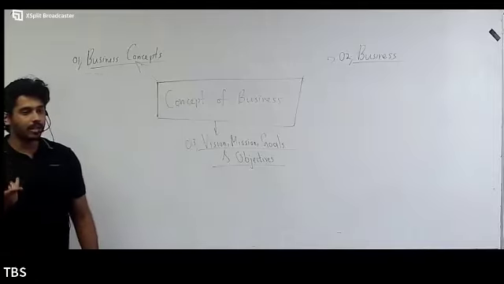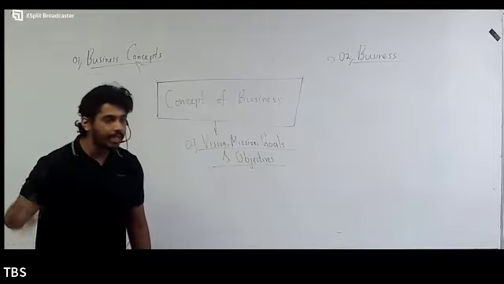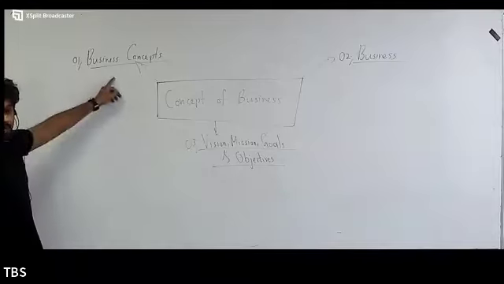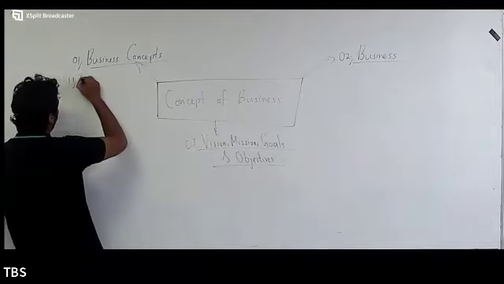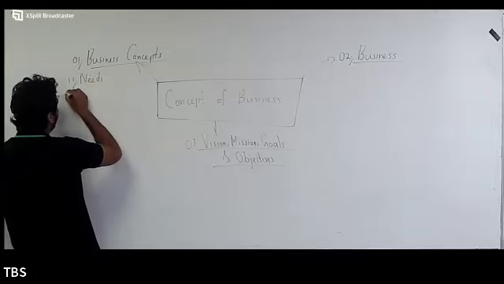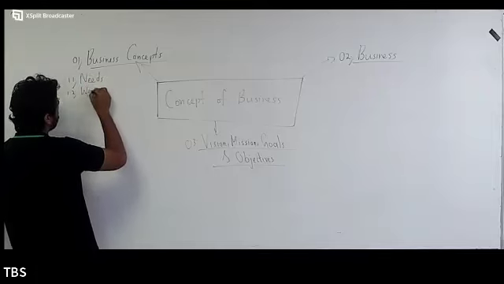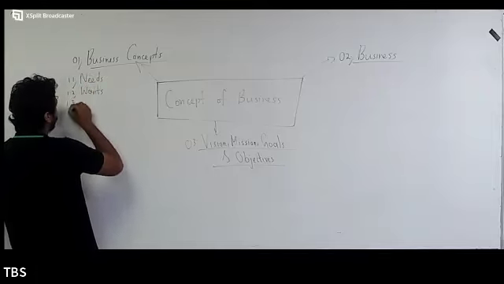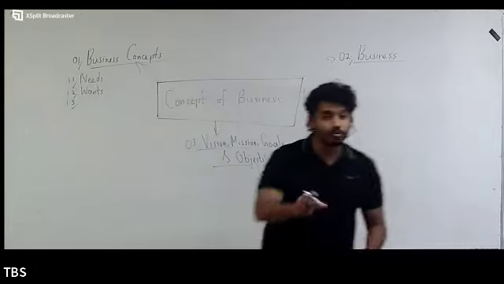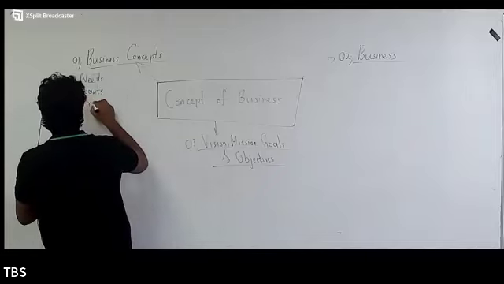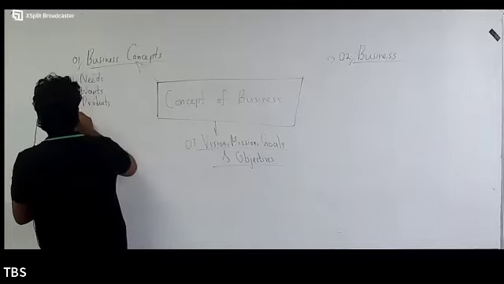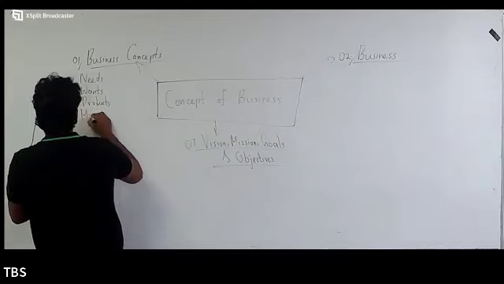And in the last class, we looked into the first key area, which was connected to business concepts. That is where we covered 1.1 needs, 1.2 wants. Needs and wants are satisfied via products. Products are available to purchase in the market.